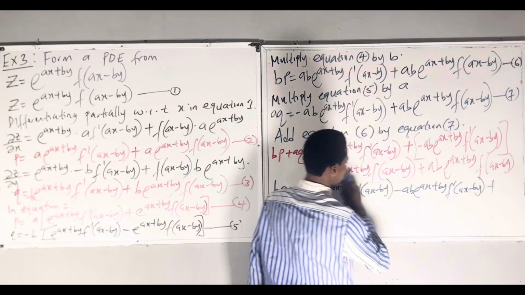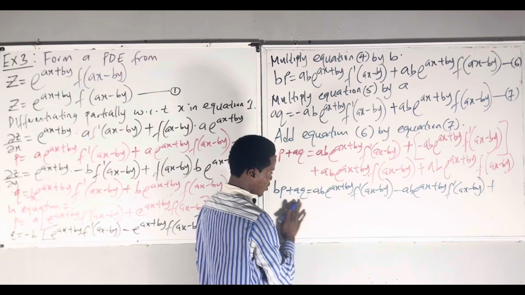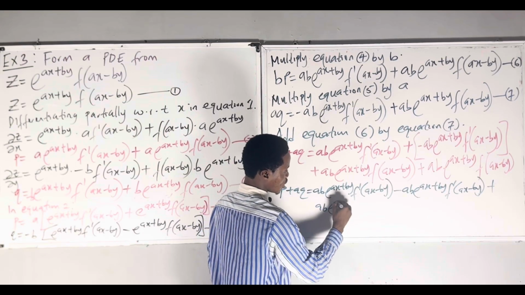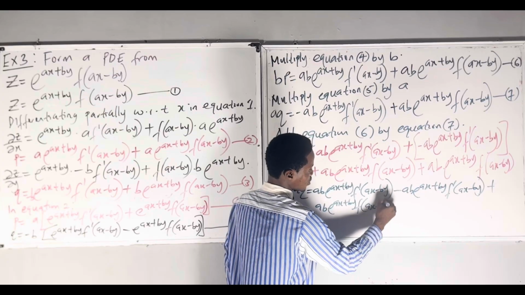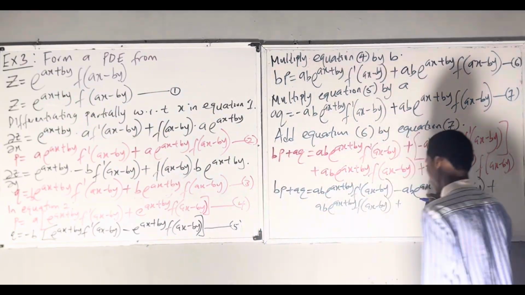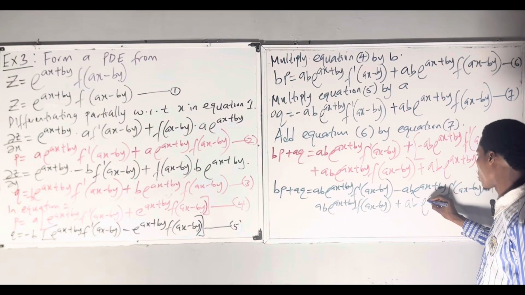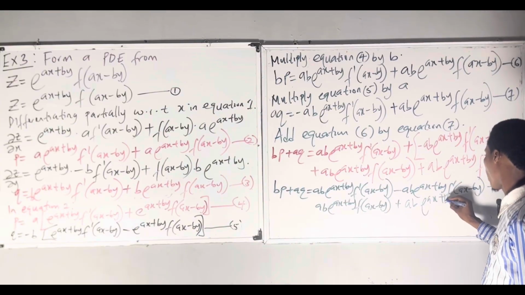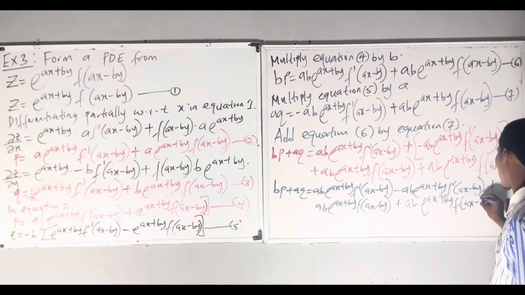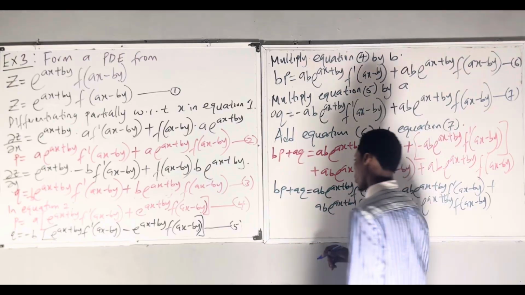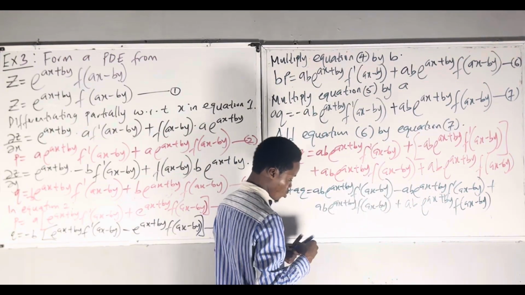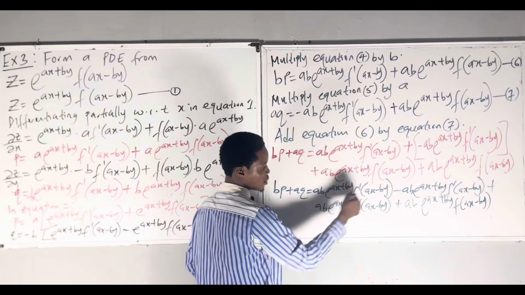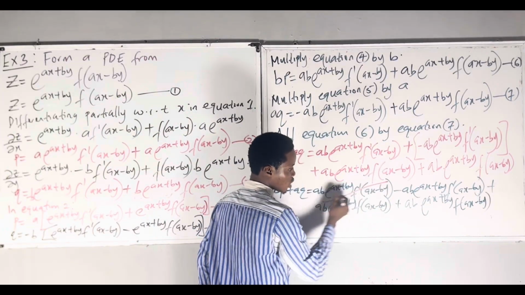Then plus all this: AB exponential AX plus BY f of AX minus BY plus the last term AB exponential AX plus BY f of AX minus BY. So let us add this one minus this, and it's going to cancel out. They are the same. So this is positive, this is negative. It's going to cancel out.